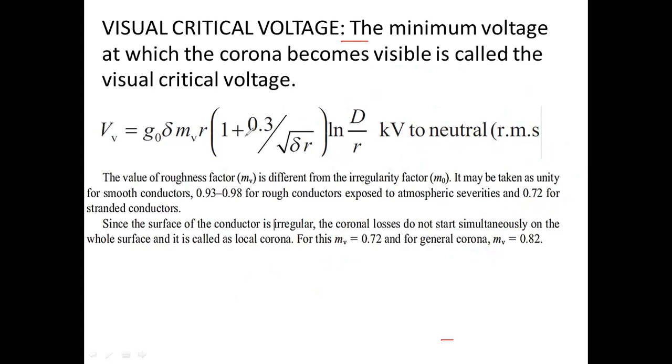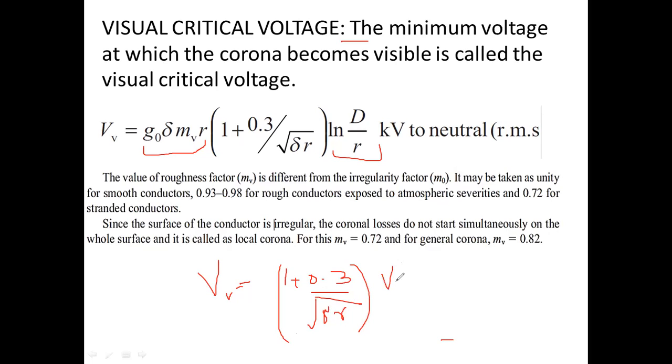The rest of the variables are the same as those of the audible. So we can say that Vv is equal to 1 plus 0.3 divided by square root sigma r, the additional term used for Vv times V naught.